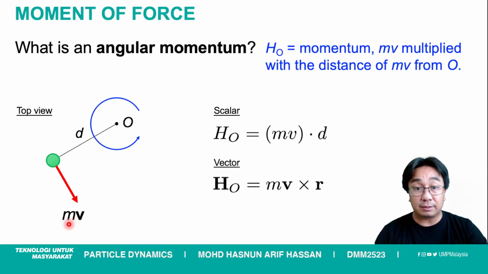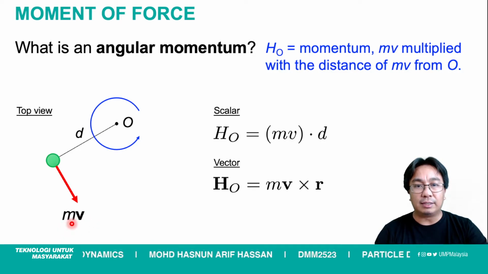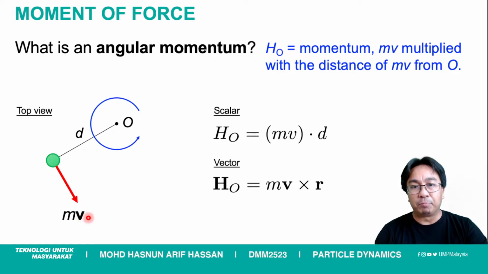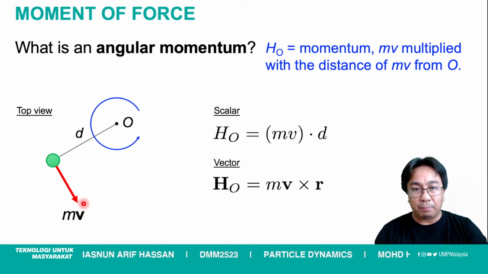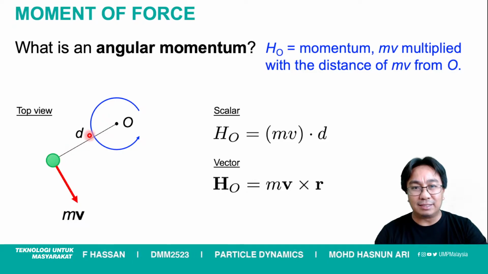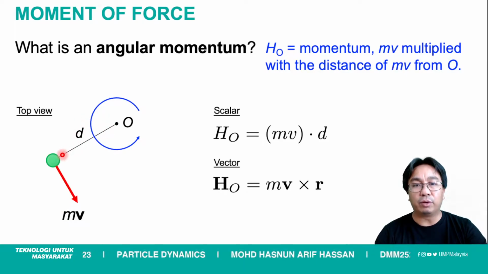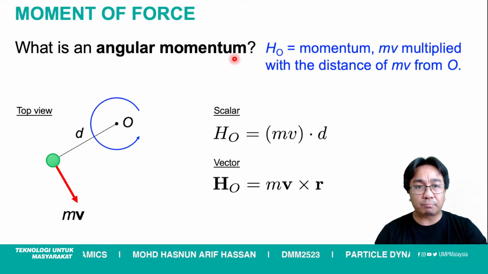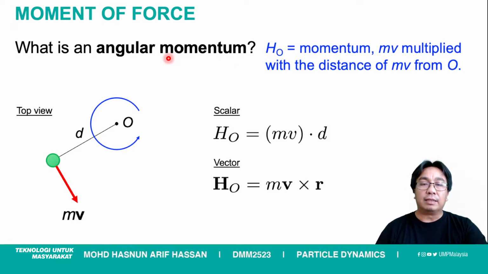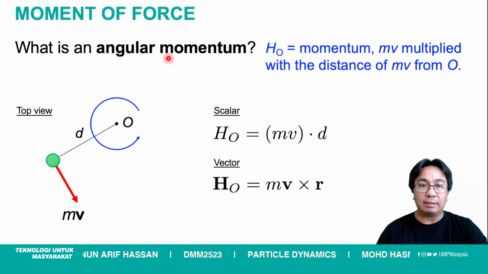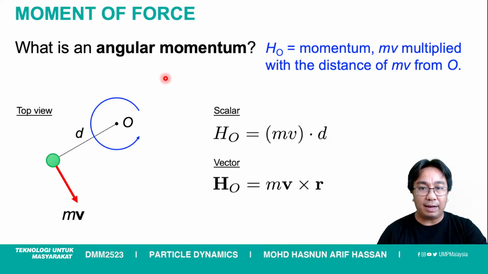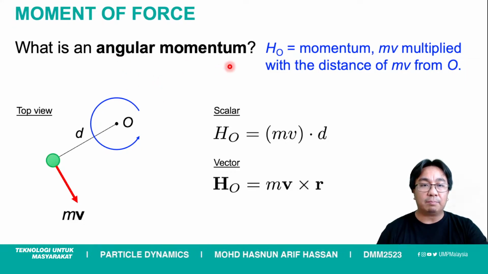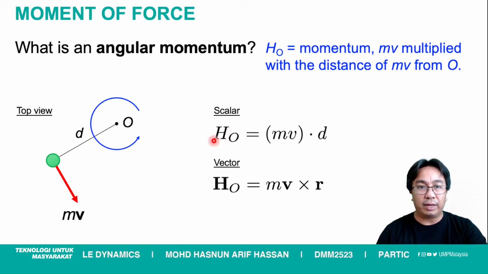So mass is a scalar quantity, velocity is a vector quantity. When you multiply a momentum with the distance D about the reference point O, then what you have is the angular momentum. If in the previous lesson, linear momentum was written using the symbol L, the angular momentum now uses the symbol H.